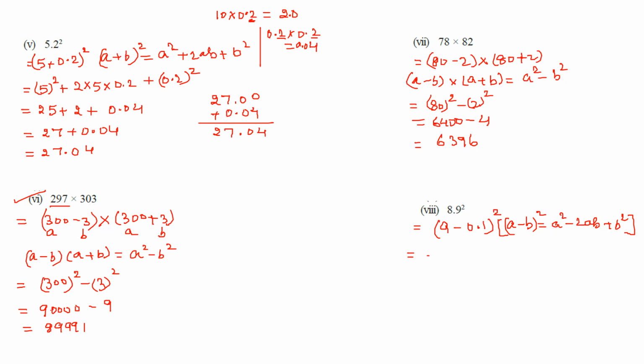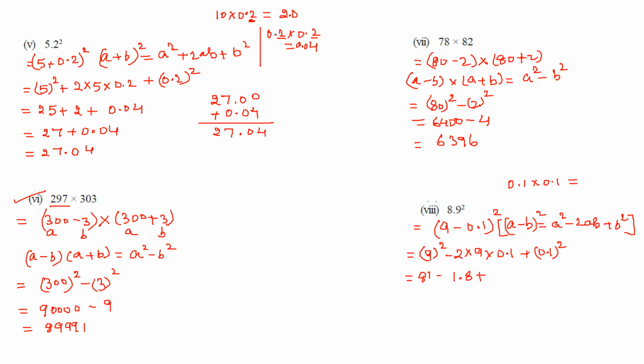So I can write it as 9 square minus 2 into 9 into 0.1 plus 0.1 whole square. 9 into 9 is 81 minus 2 into 9, 18. 18 into 0.1 is 1.8 plus 0.1 square.